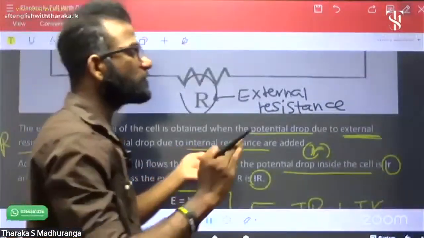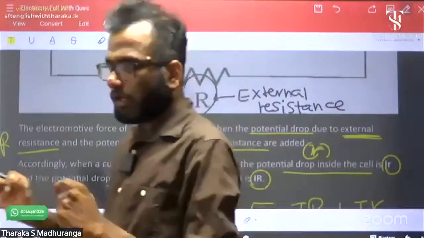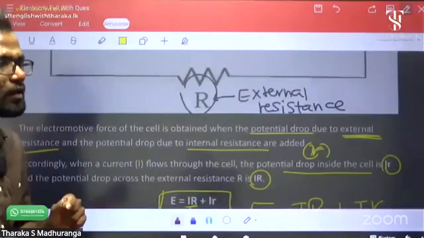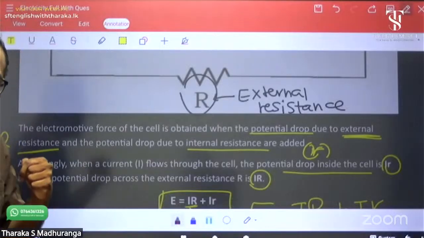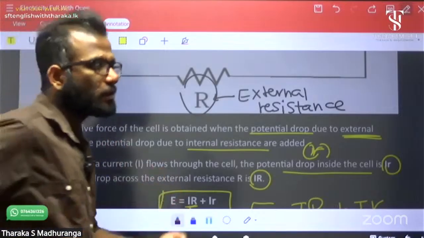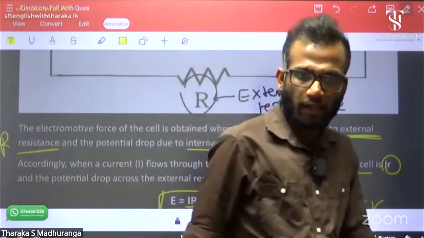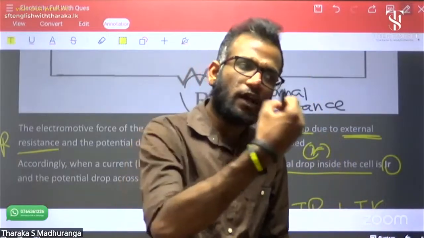Okay, now summarize what we discussed up to now. What's the meaning of electromotive force? Can you say? It is the potential difference between two terminals of any electric cell when no current is flowing. If current is flowing, what happens?